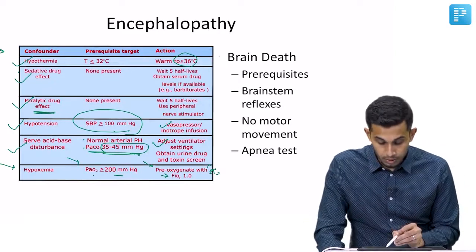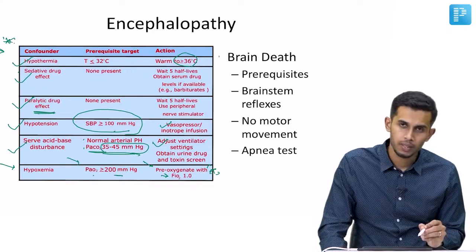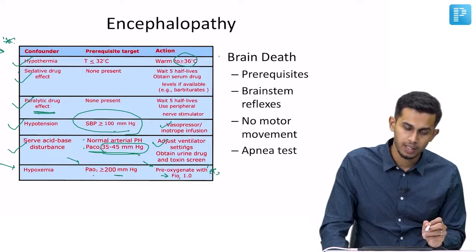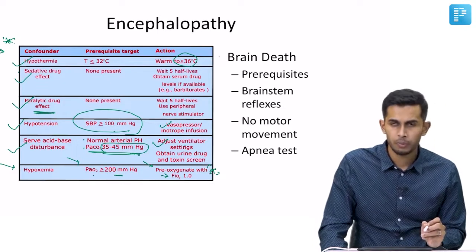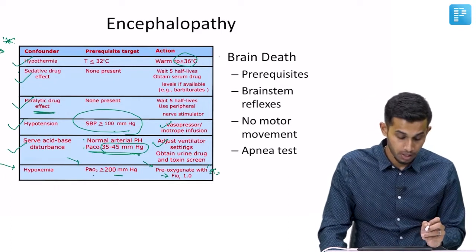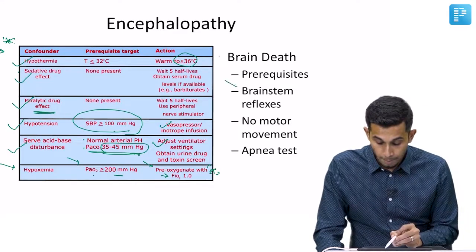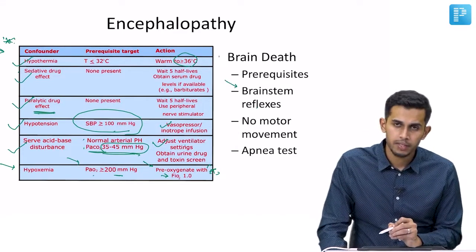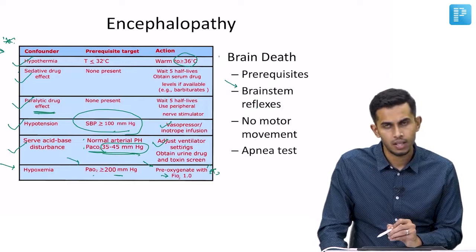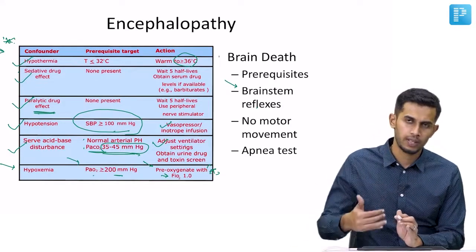So these are the prerequisites which we just discussed. There should not be hypothermia, there should not be sedative drug effect or paralytic drug effect. The BP has to be more than 100. The ABG should show a PaCO2 of around 35 to 45, which is normal, and there should not be hypoxemia. Then we examine the patient's brainstem reflexes and say that they are absent, like the Doll's eye response and light response.